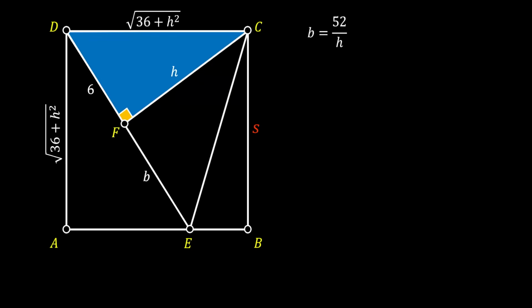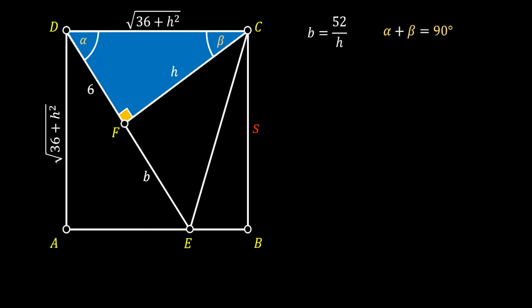Alright, so let's clear our image a little bit, and now let's take a look at the blue triangle DFC. We can label the acute angle at the point D as alpha, and the acute angle at the point C as beta. Since those two angles are acute angles in the right-angled triangle, their sum must be equal to 90 degrees.